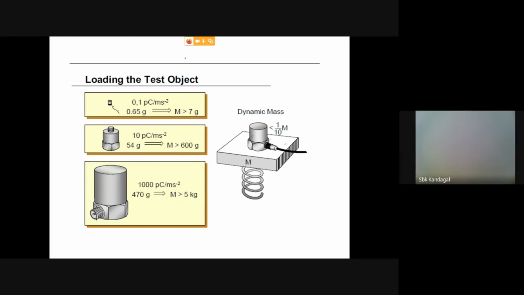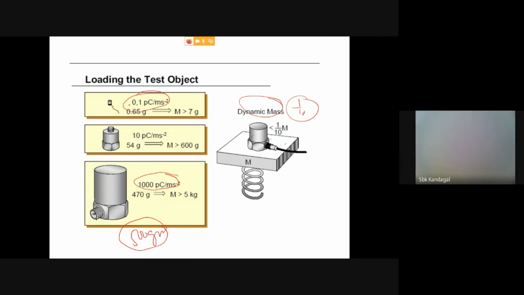And ensure that the mass of the accelerometer is 1/10 of the mass of the structure. This is always better to use. This is what I was telling you: around 500 grams accelerometer, which we have used for the tall chimney of 207 meters. It has got 1,000 picocoulomb per meter per second square, and then this one, which we used for the purpose of our spark plug, is 0.65 grams and 0.1 picocoulomb.